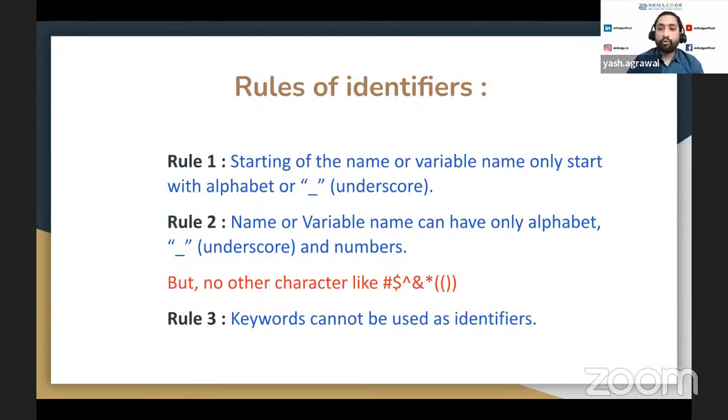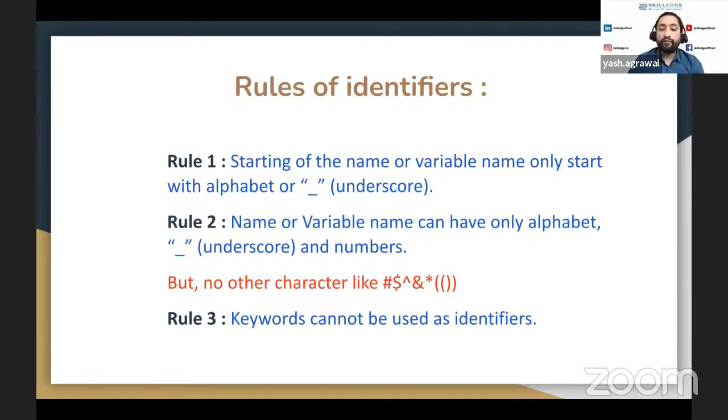Whatever your variable name is, it will start with an underscore or else it will start with an alphabet. Only two types of characters are applicable. One is your underscore, another one is your alphabets. Those two are the only ones.